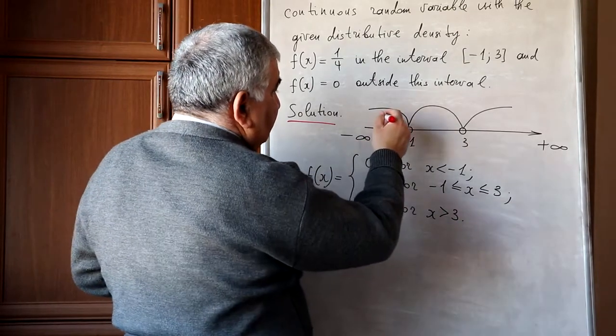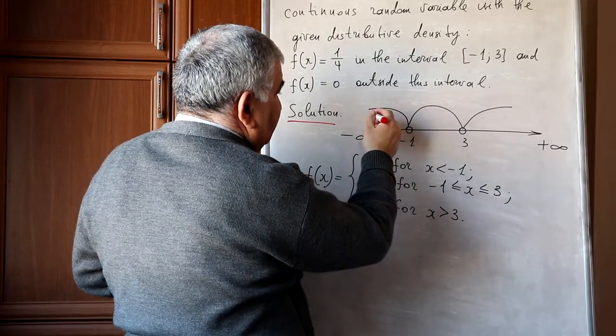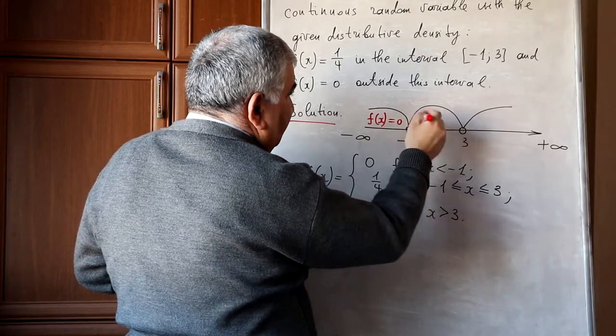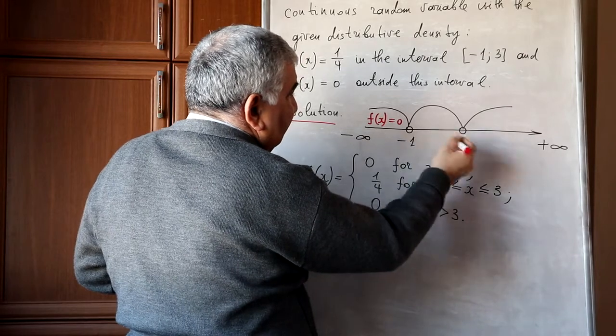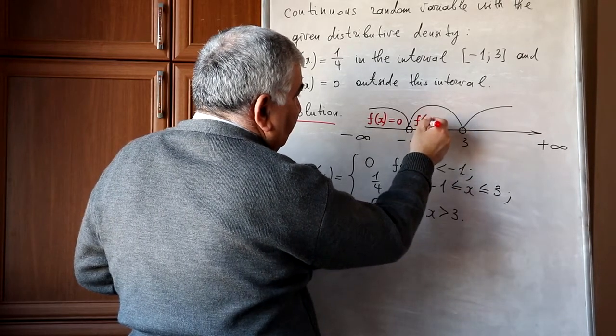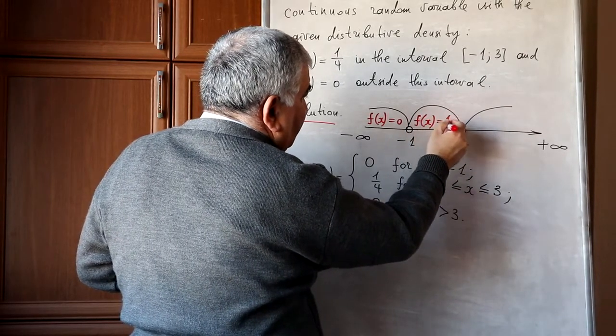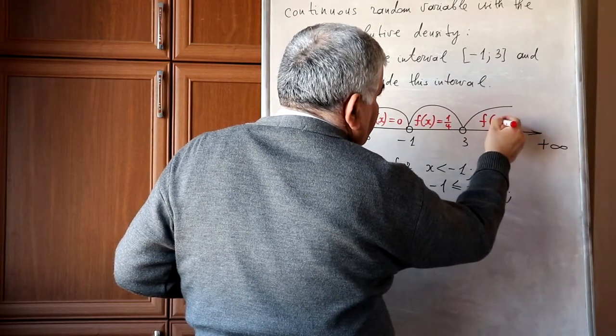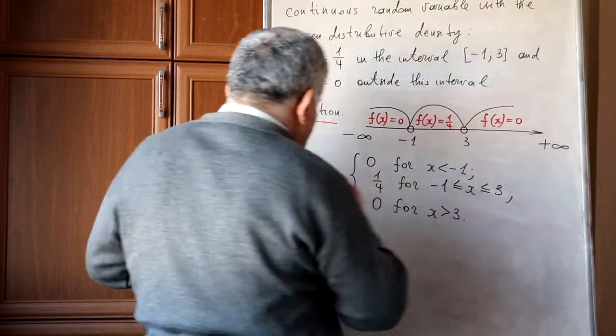That is, here f of x is 0, between minus 1 and 3, f of x is 1/4, and after 3 f of x again is equal to 0.